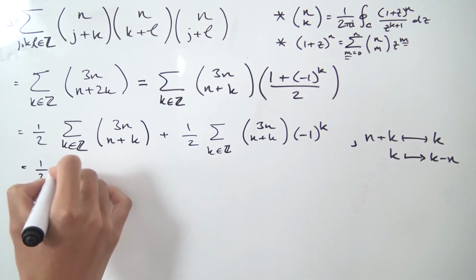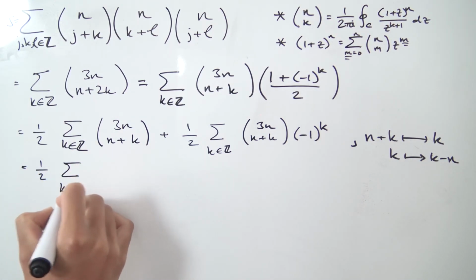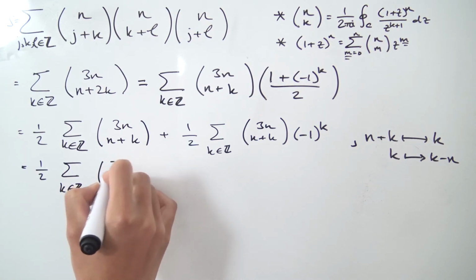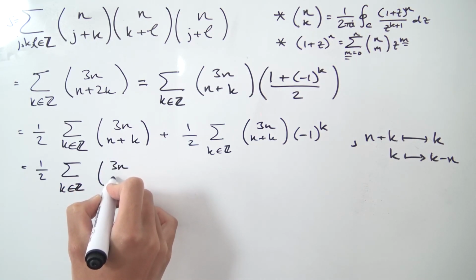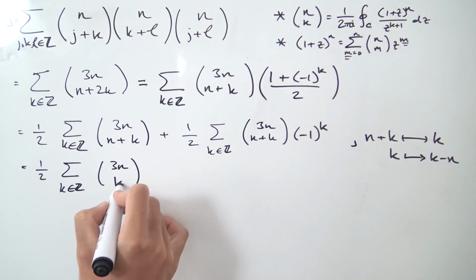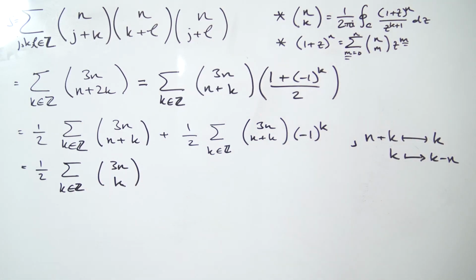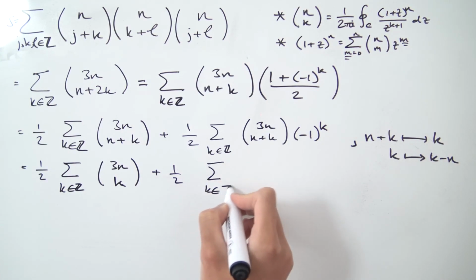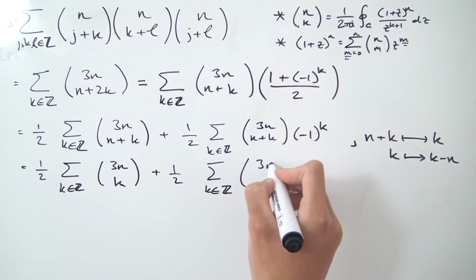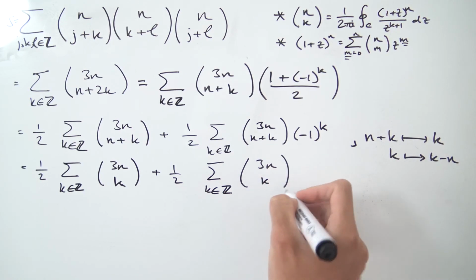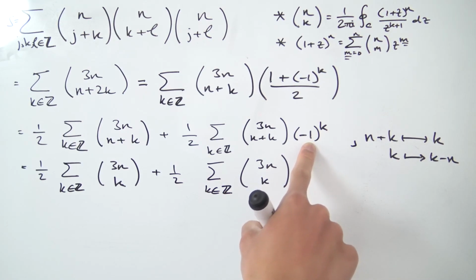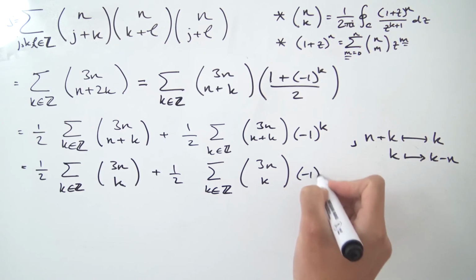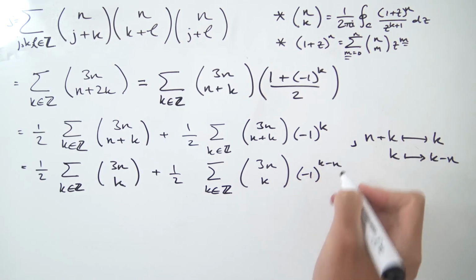We have 1/2 sum k over the integers of 3n choose k, and then this just turns into a k, so nothing fancy happens on this first sum. Now we have a plus 1/2, and then a sum over k over the integers once again. Again, we have 3n choose k, but now this minus 1 to the k becomes minus 1 to the k minus n.